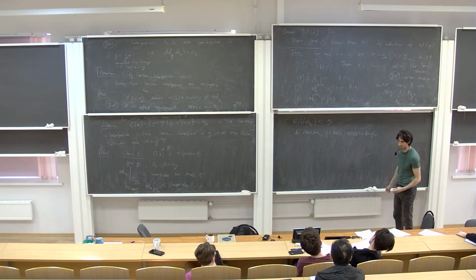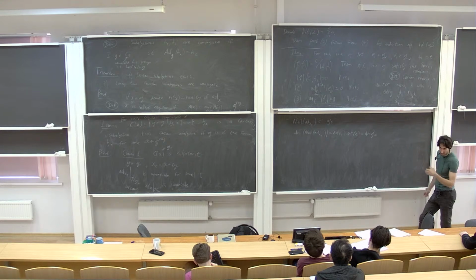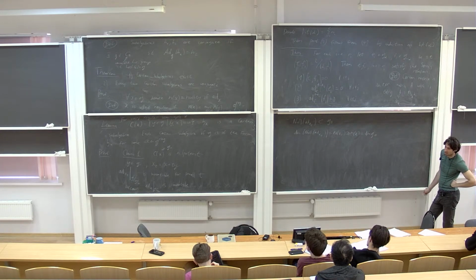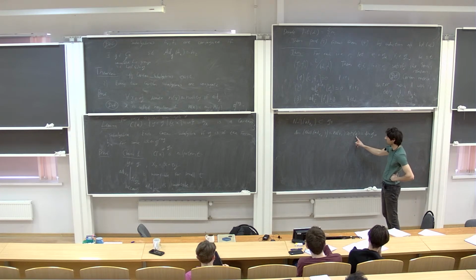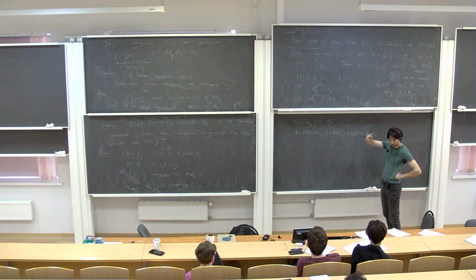The centralizer is exactly a generalized eigenspace, and x is semi-simple, so the generalized eigenspace corresponds to just the kernel. Because it's semi-simple, it's diagonalizable, no Jordan blocks, no non-trivial generalized eigenvectors.